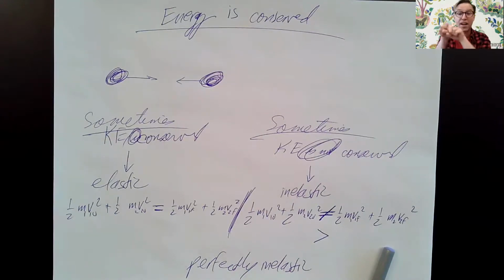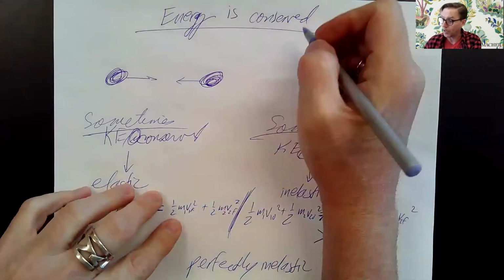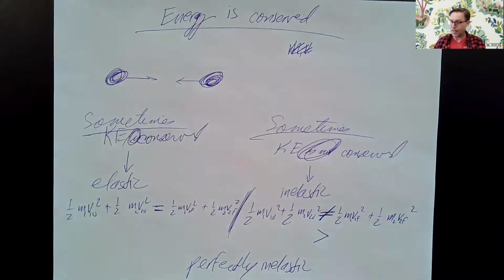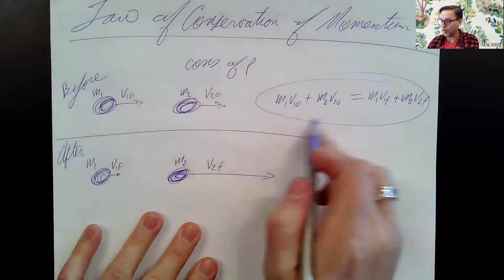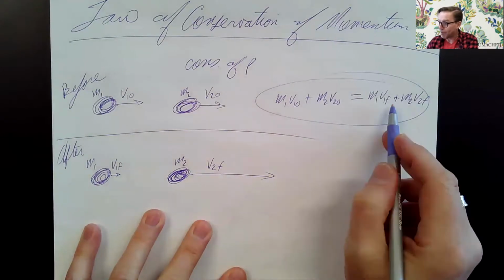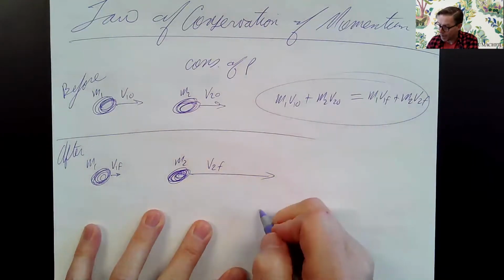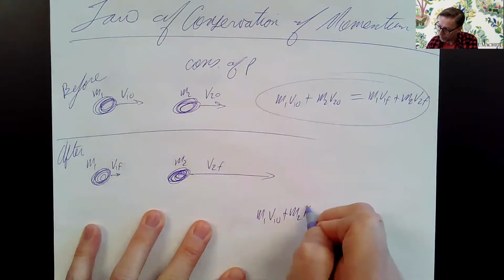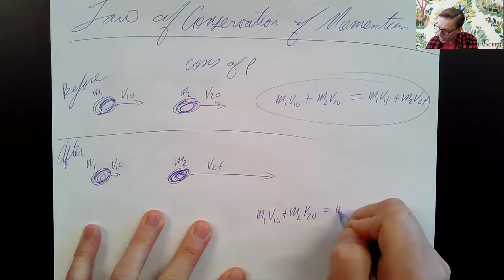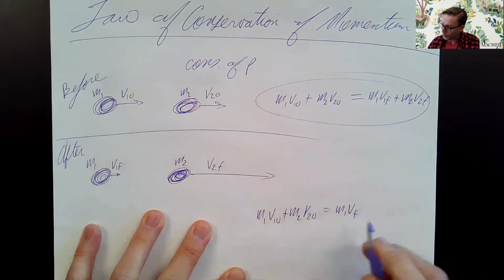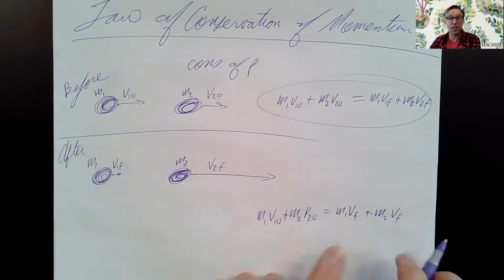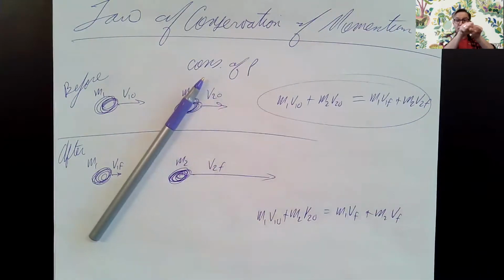There's only one final velocity, and that's super easy, because then in my momentum equation, let's go back and do that over here. On the momentum equation, since v1 final and v2 final are the same, I can say m1 v1 initial plus m2 v2 initial equals m1 v final plus m2 v final. I don't have to say v1 final and v2 final because they are the same number.